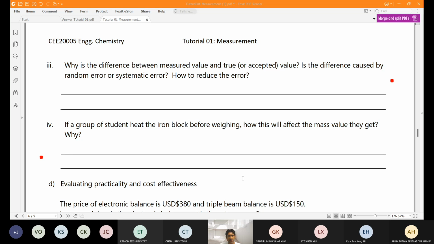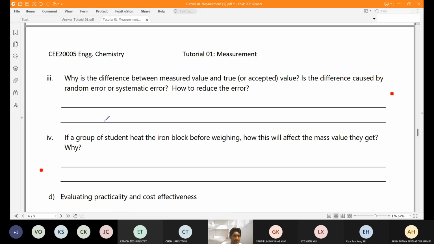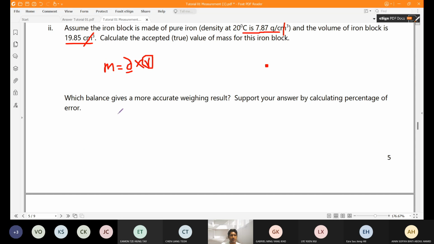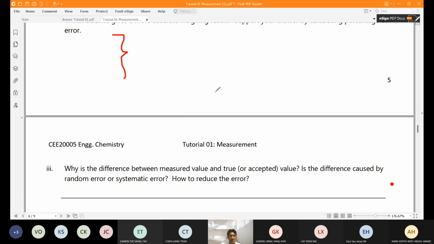To reduce this error, we need to calibrate. We cannot just remove it by repeating the measurement many times. We have to rectify this problem in the instrument. If we do the calculation of the percentage of error, you will see that there is a difference in error.